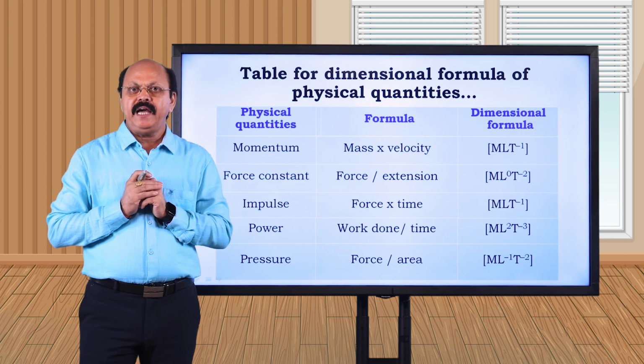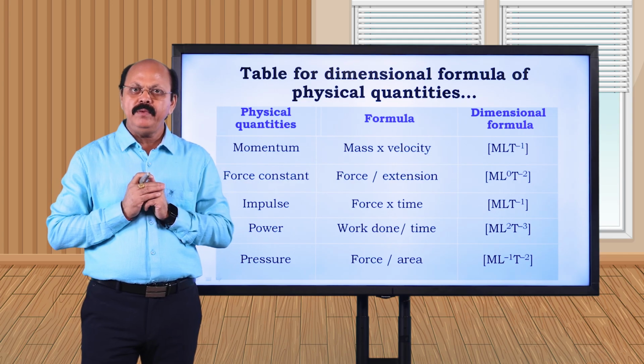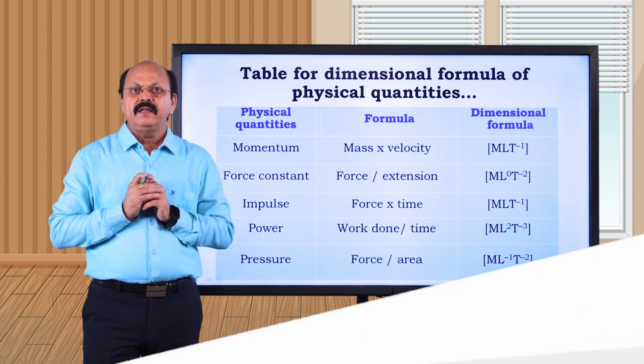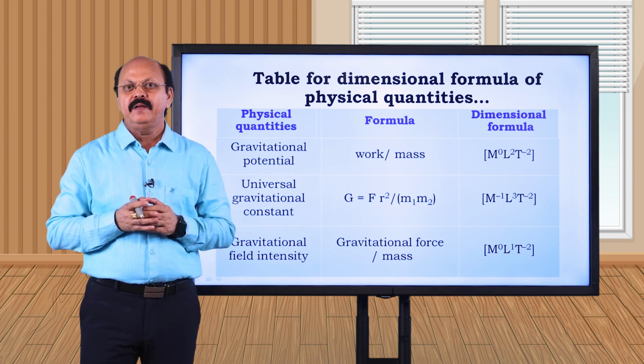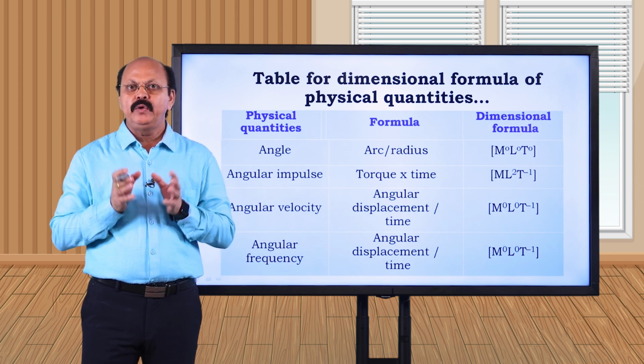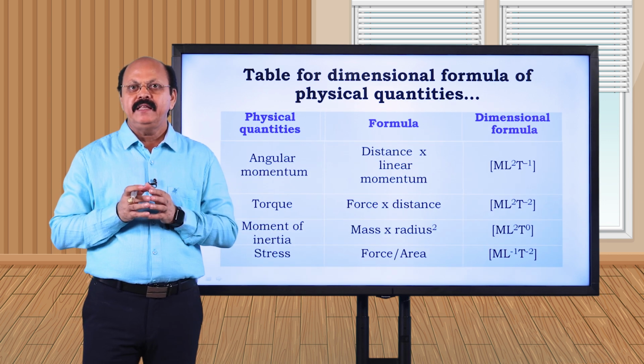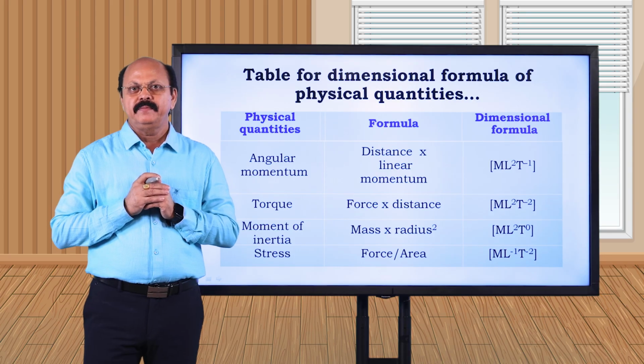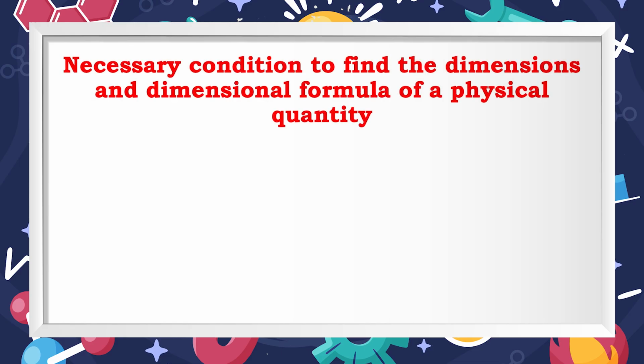We can find dimensions by using their formulas. In the same way, slides 16 to 18 also have many physical quantities. Read them and learn the formulas. Practice determining their dimensions. Here, one simple question arises: what is the necessary condition to find the dimensions and dimensional formula of a physical quantity?